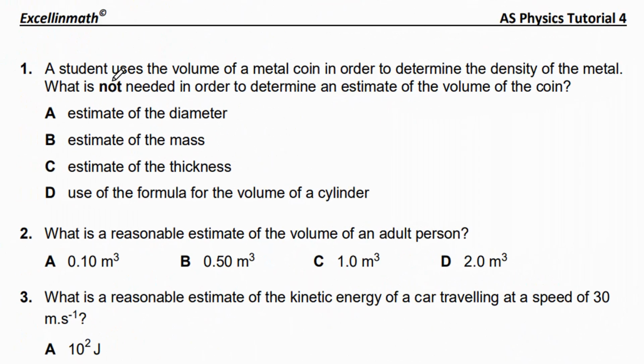In question 1 it says, a student uses the volume of a metal coin in order to determine the density of the metal. What is not needed in order to determine an estimate of the volume of the coin? So let's start by drawing the coin.